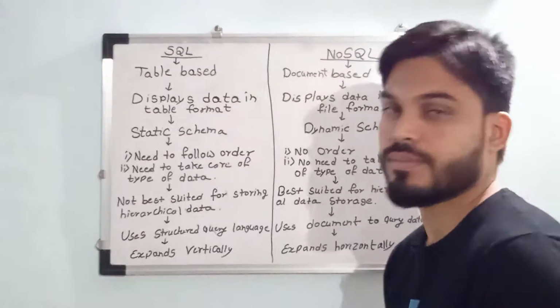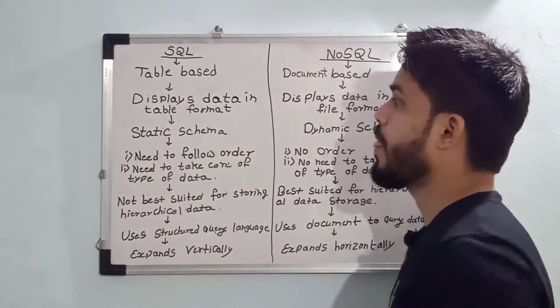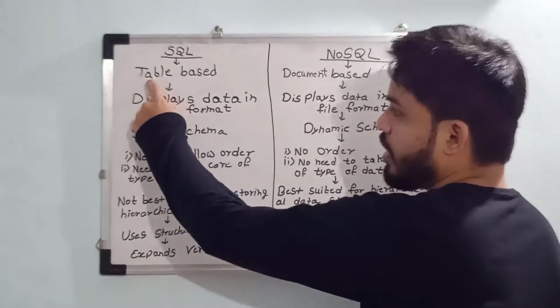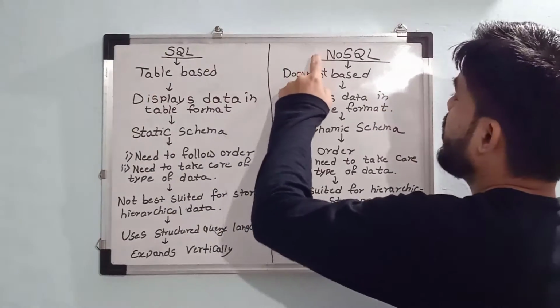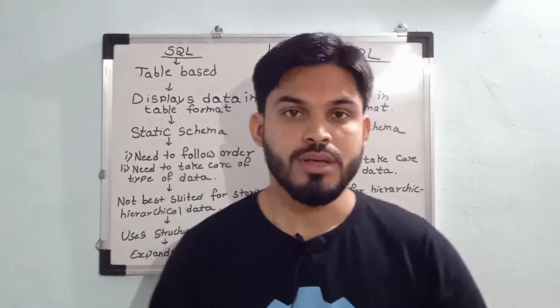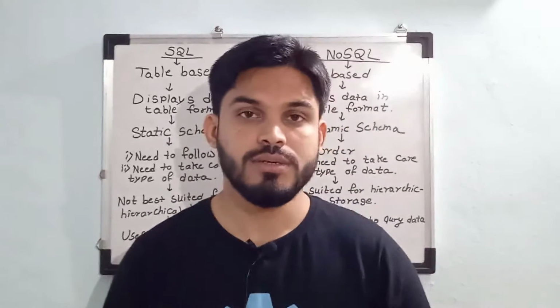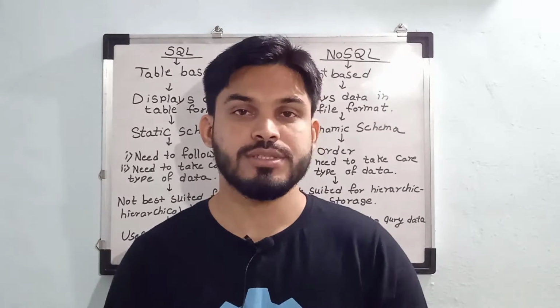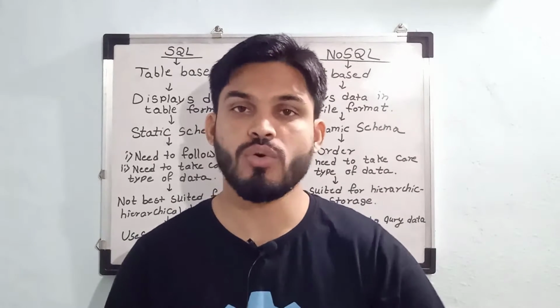Let's see point wise. SQL is table based, NoSQL is document based. What does it mean? As already we have learned, SQL database make use of tables to store data.